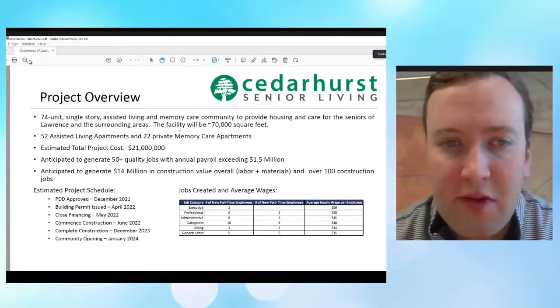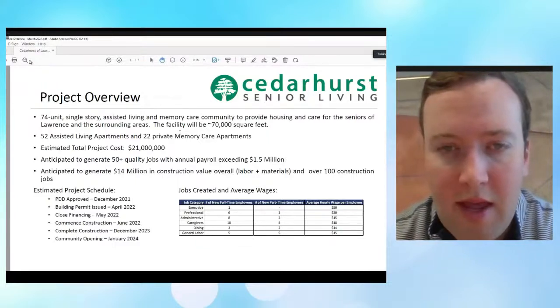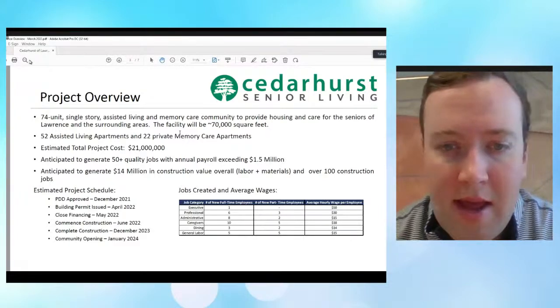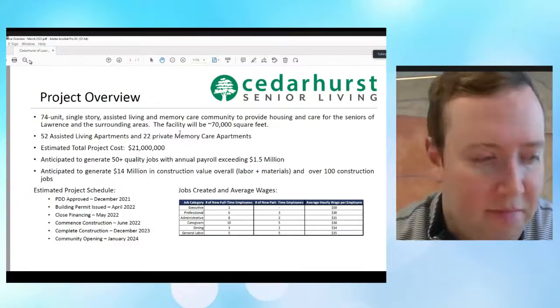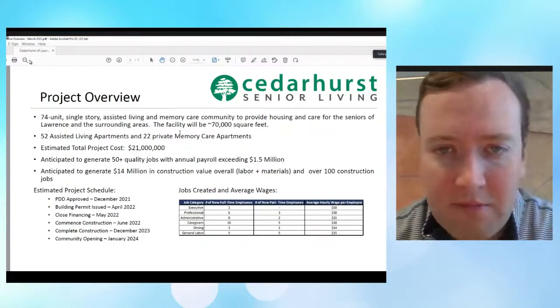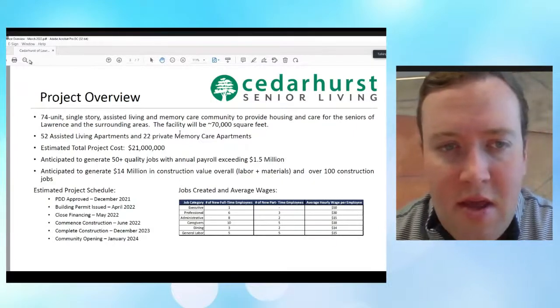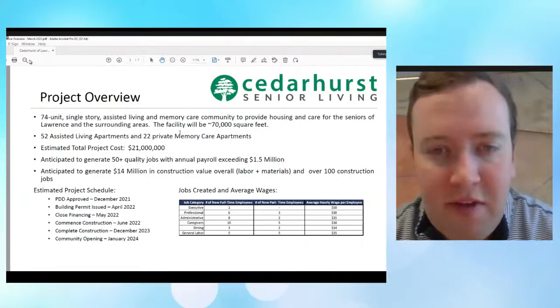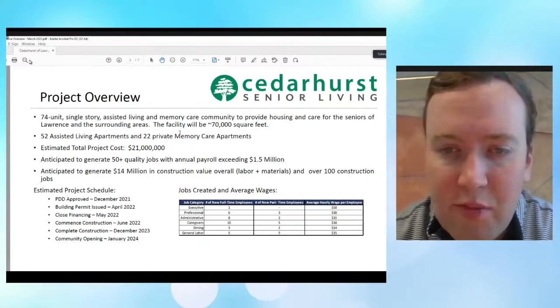As Britt mentioned, we anticipate the total project to be approximately $21 million all in, in terms of real estate, construction, and initial operating deficit. And when the facility opens, we anticipate 50 jobs will be created.